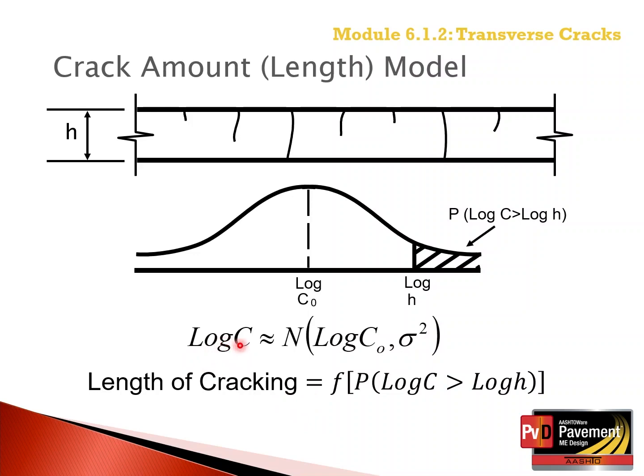So the crack depth, or the length of cracking, is a function of the crack initiation plus the tensile stress intensity factors. The length of cracking across the project is simply a function of the probability when that crack length exceeds, or crack depth exceeds, the thickness H of the total asphalt layer.